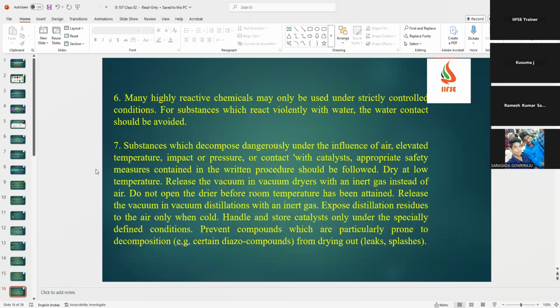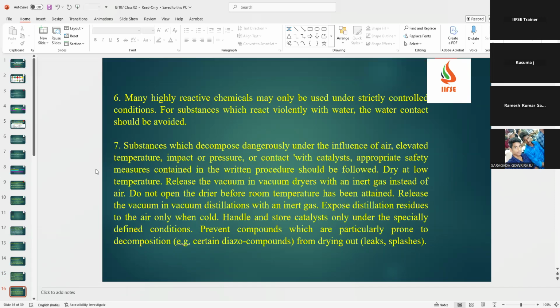Then many highly corrosive chemicals may only be used under strictly controlled conditions. For substances which react violently with water, water contact should be avoided. Some chemicals are highly incompatible with water, even the moisture in the atmosphere. The example is sodium.